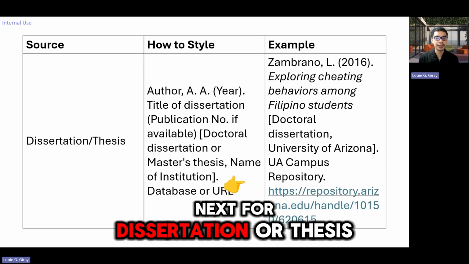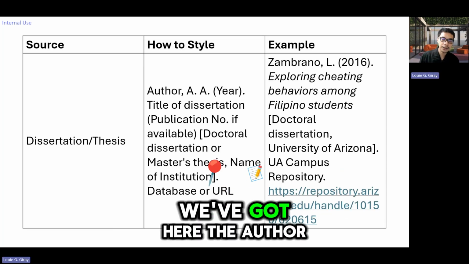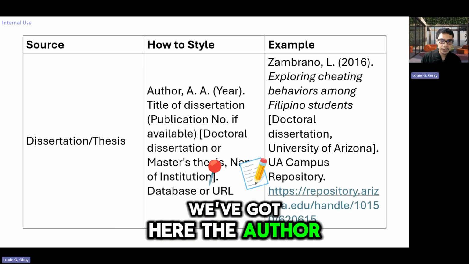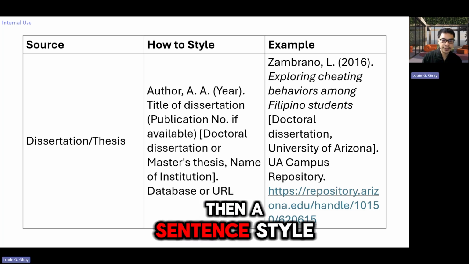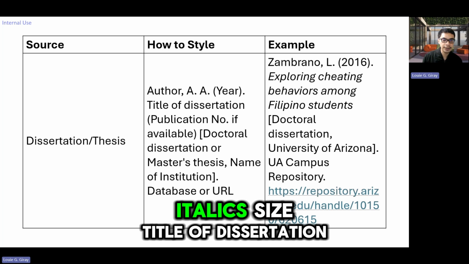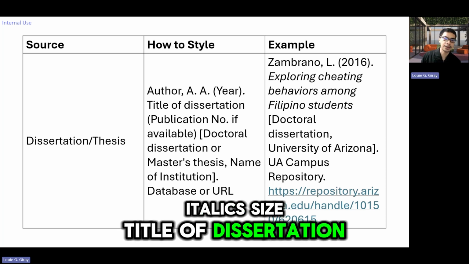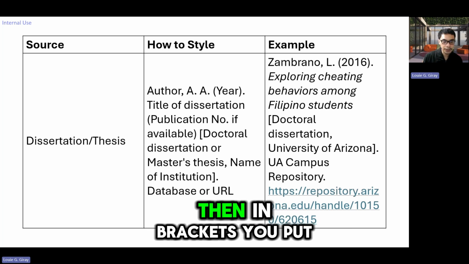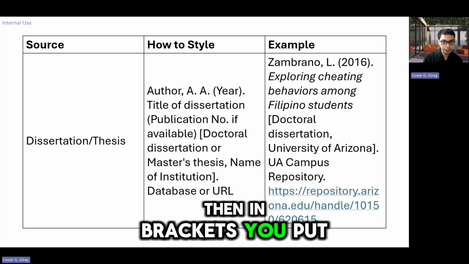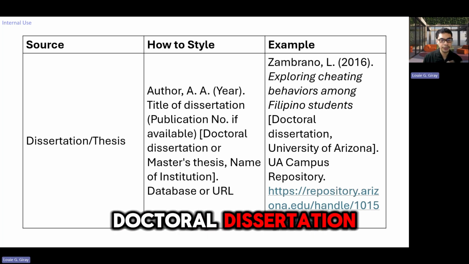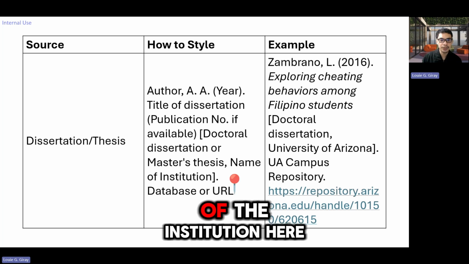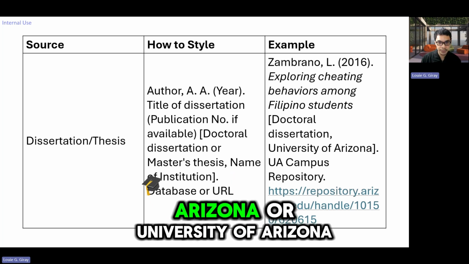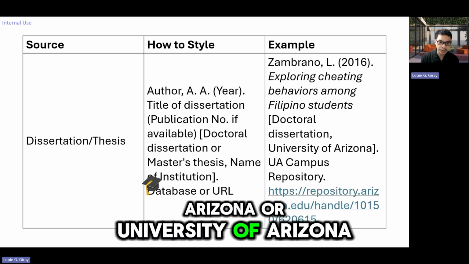Next, for dissertation or thesis, we've got here the author, then the year, and then in sentence style, italicized, the title of the dissertation. Then in brackets, you put doctoral dissertation, if not, master's thesis, comma, then put the name of the institution, here University of Arizona.